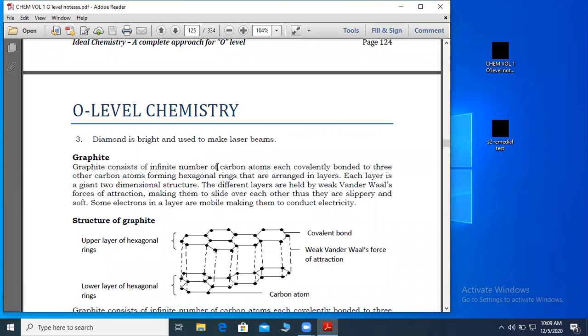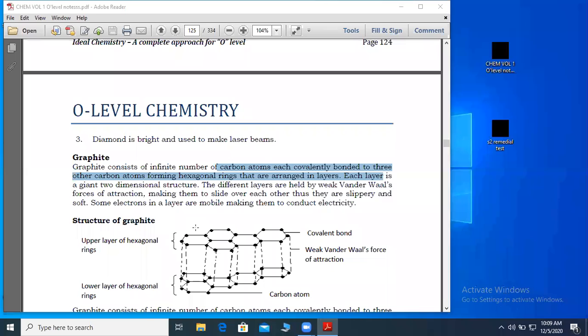each carbon atom is bonded to 3 other carbon atoms by covalent bonds. You know, a covalent bond is formed by sharing of electrons.